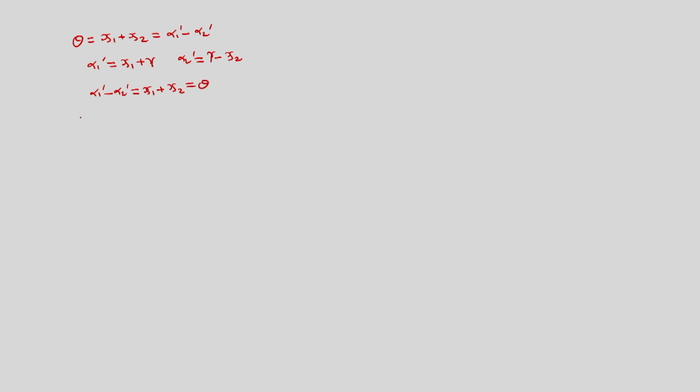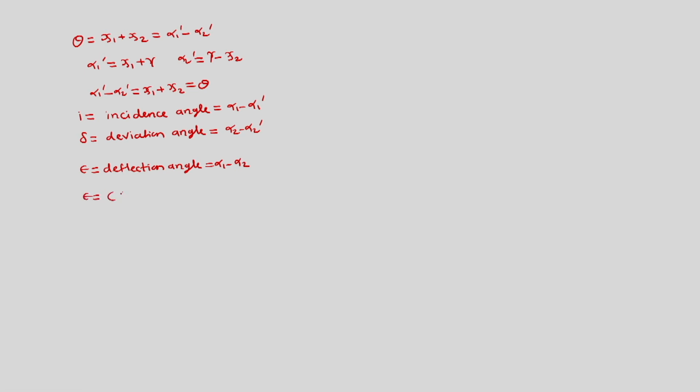Which is theta. Then we have defined incidence angle, so it is alpha 1 minus alpha 1 dash. We have defined delta, which is deviation angle, and that is alpha 2 minus alpha 2 dash. So we have epsilon, which is deflection angle, and that is alpha 1 minus alpha 2.